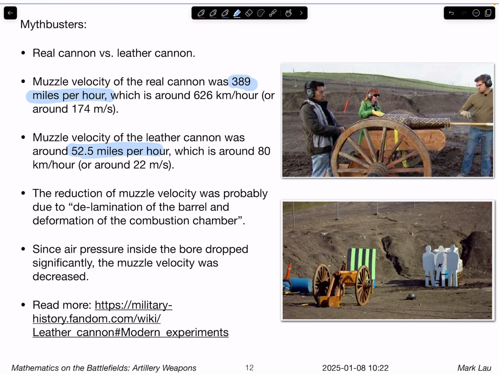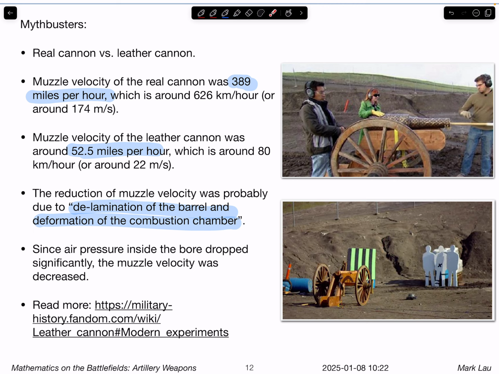Okay, the reduction of muzzle velocity was probably due to delamination of the barrel and deformation of the combustion chamber. Okay, the reduction was basically delamination of the barrel.